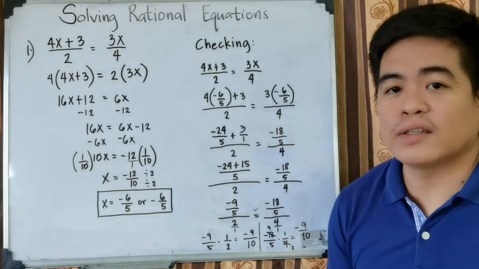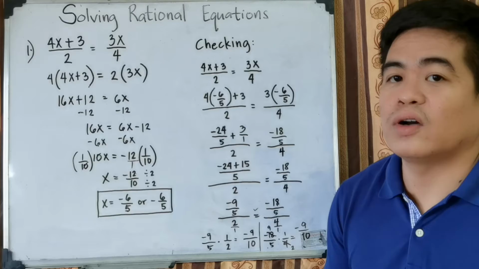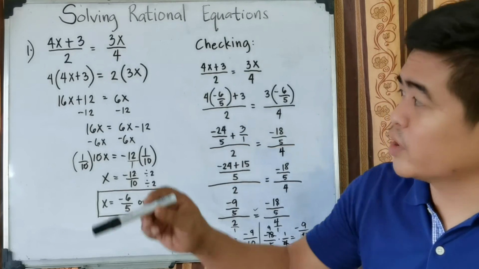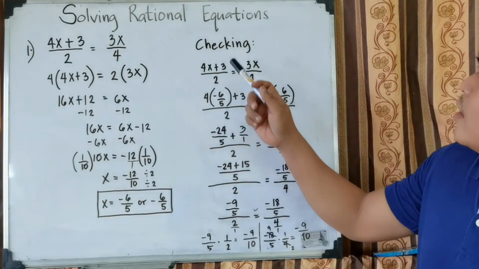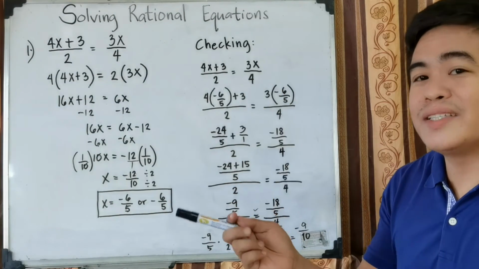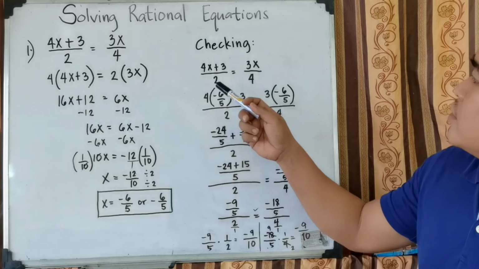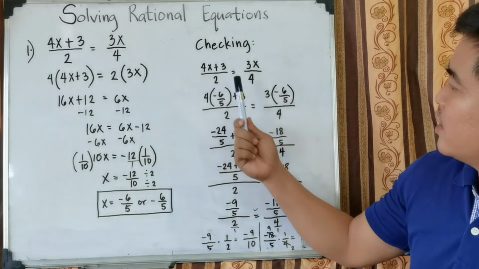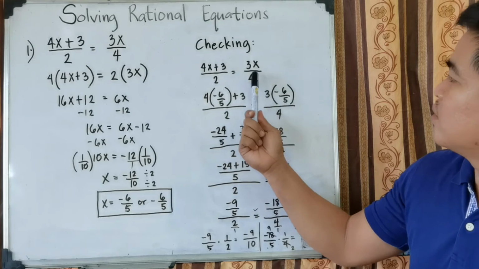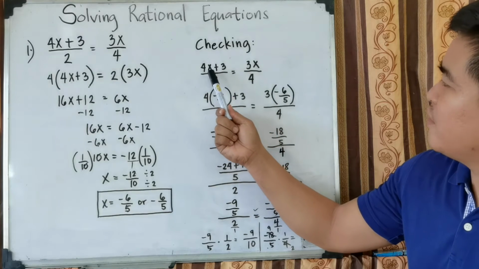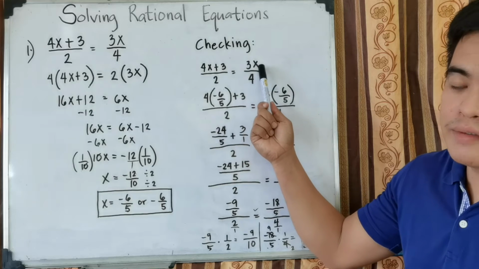How are we going to know that the solution of our equation is correct? Of course, we're going to do the checking. For the checking, we simply substitute the value of x into our original equation: (4x + 3)/2 is equal to 3x/4. Simply substitute the value of x for every variable.